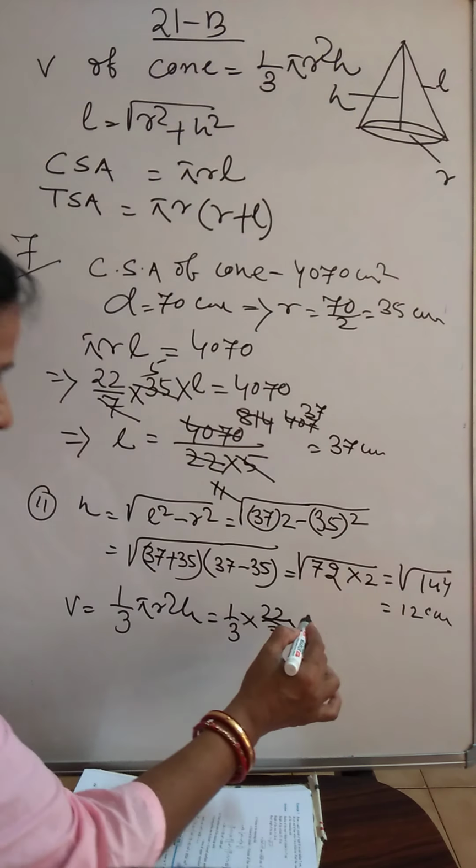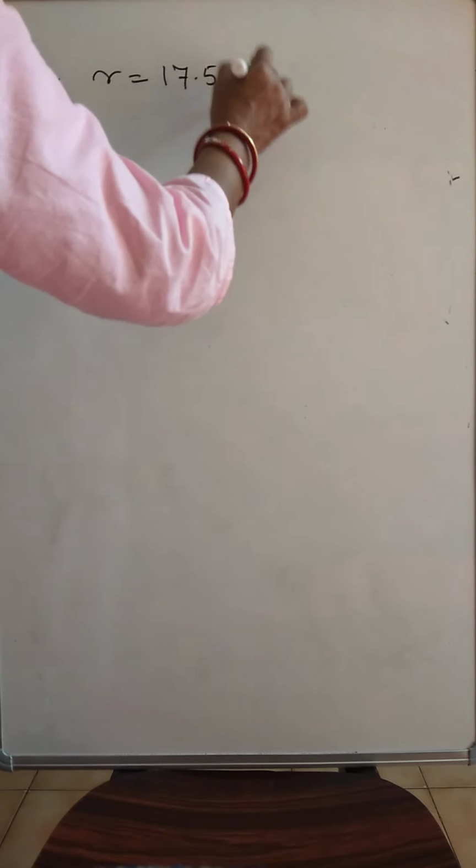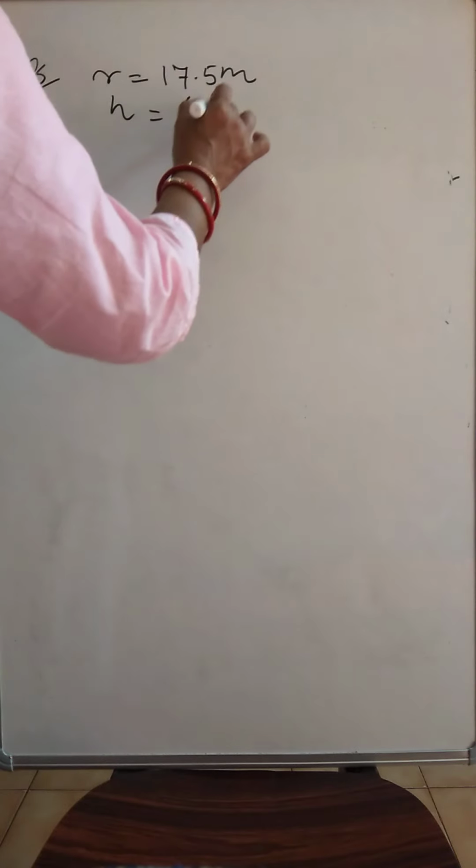Next I am doing question number 8. How many meter of canvas 1.25 meter wide will be needed for a conical tent whose base radius is equal to 17.5 meter, height is 6 meter.